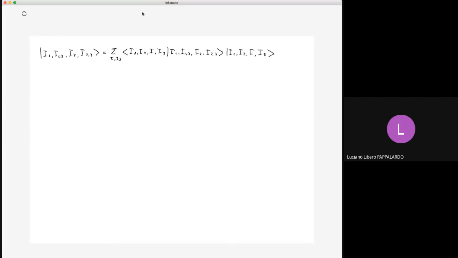Well, all these guys here are what we call the Clebsch-Gordan coefficients, okay? So that we can write them in a compact way as C_I3, okay? So the C_I3, which are the Clebsch-Gordan coefficients, are given by this quantity, ⟨I1, I2, I, I3|I1, I13⟩|I2, I23⟩.